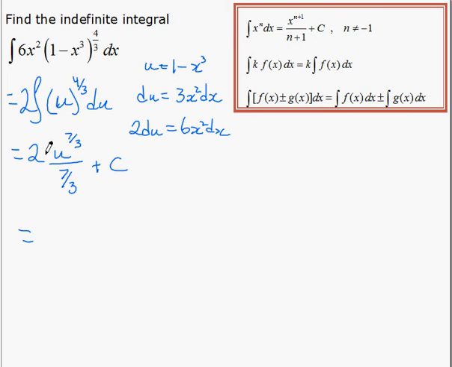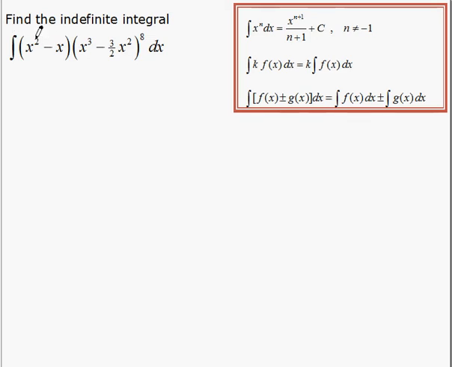To simplify, the 3 comes up, that gives us 6. U is replaced. Exponent stays the same. 3 came up, that left the 7, plus a constant.